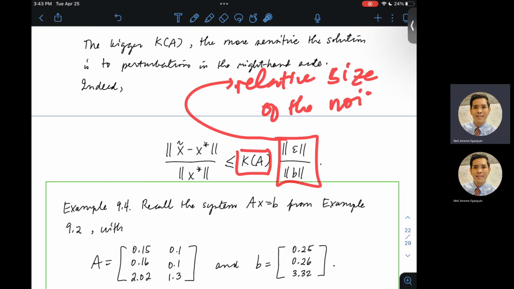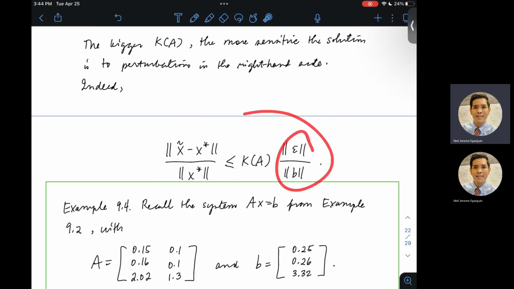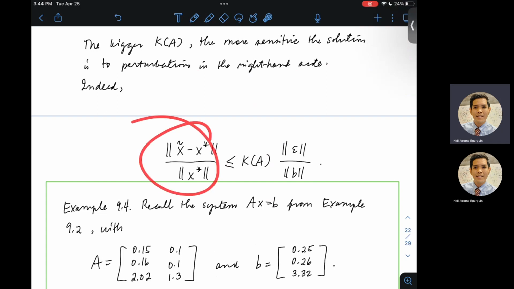It will tell you what percent of the actual right-hand side is the error, or the noise, right? So this tells you how big epsilon is compared to the right-hand side vector. Essentially, the relative difference between the noisy solution and the ideal solution is bounded above by the condition number times the relative size of the error.